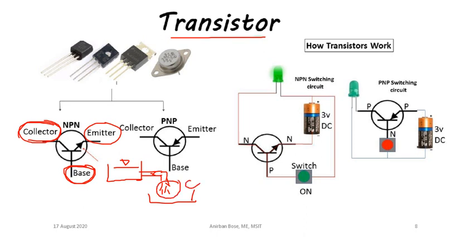This is the output that you are getting in the collector, and this tank where some water is there is like an emitter. The valve that is connected in the pipe, by controlling that valve you can control the output at the collector. So this valve is like the base. By controlling the base, you are getting the collector output. So if you put 0 base voltage, then you will get no output.